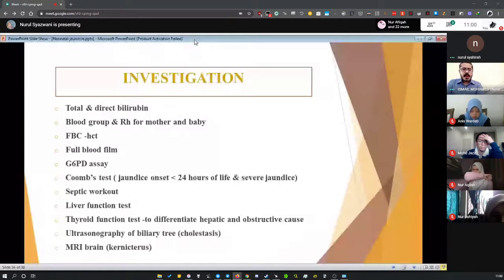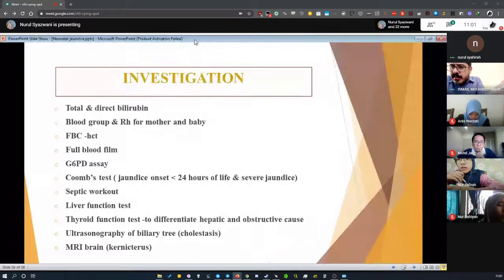Yes, that's correct. But not only hereditary spherocytosis can cause spherocytes. Other conditions also can cause spherocytes in the blood film. Who will tell me what are the other conditions which can cause spherocytes in a blood film? Any other conditions? Hemolytic uremic syndrome?